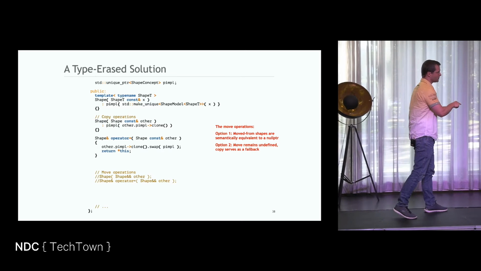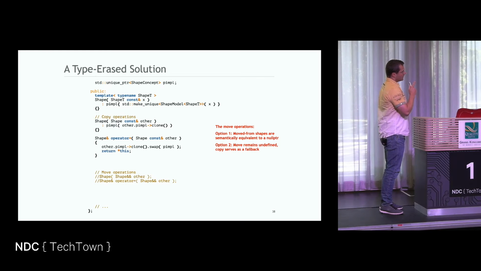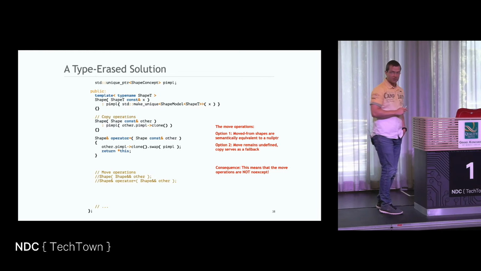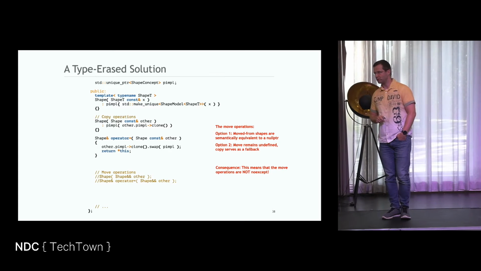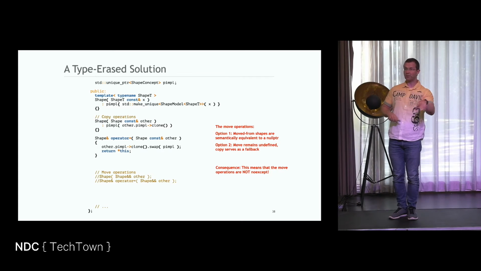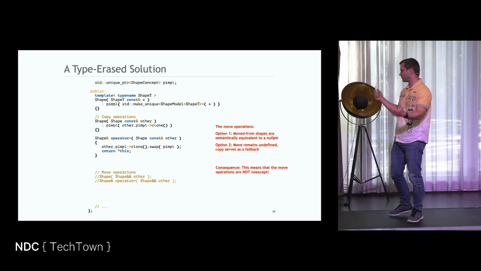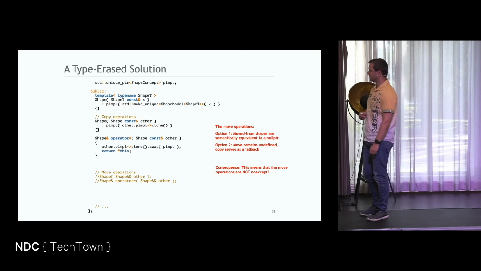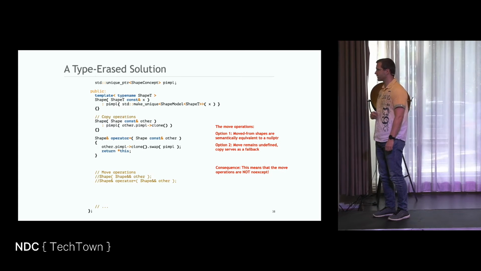You want the copy operation instead. So basically replace the move. This is okay, but note as a consequence, the move operations are suddenly not noexcept anymore. So if you try to move, you will get a copy which right now does an allocation, and this allocation might fail, and therefore you would get an exception, which might not exactly be what people expect.